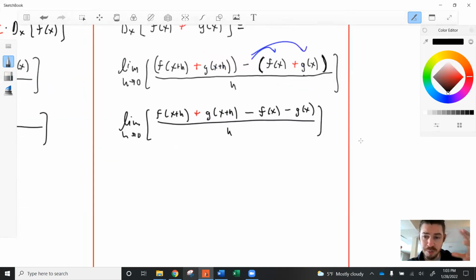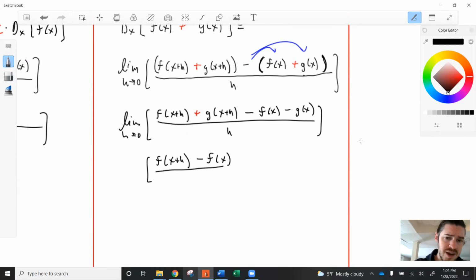Let's take the f parts and put them together, the g parts and put them together. And then I'm going to combine two steps into one just to save time here. You can try it yourself, go a little more slowly if you want to fill in the details. But I'm not only going to rearrange the terms in the numerator, I'm also going to split it into two pieces and divide each piece by h. So what I'm going to have is f of x plus h, there's that part. And then I'll put the minus f of x, and I've got all of that divided by h.